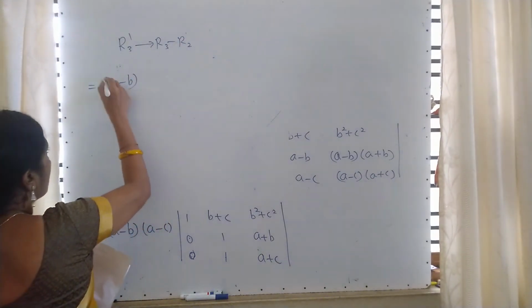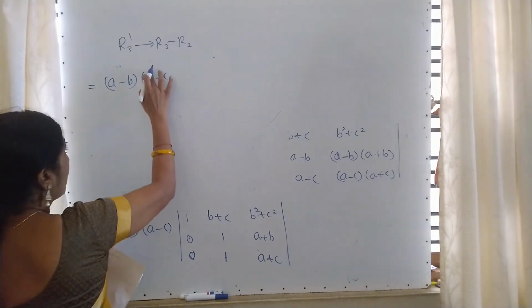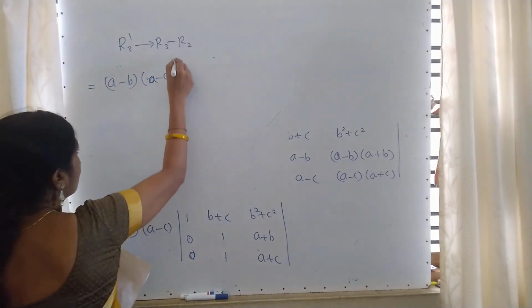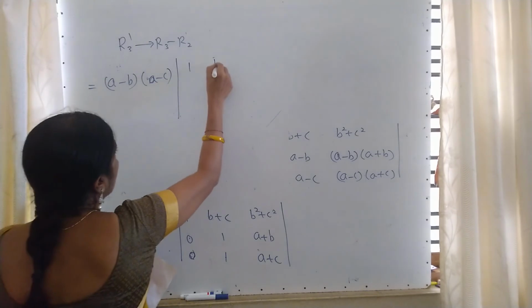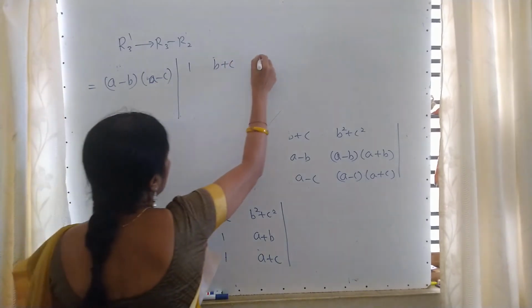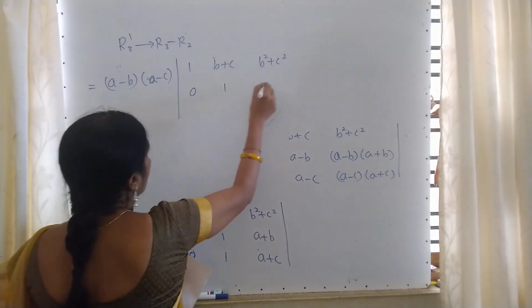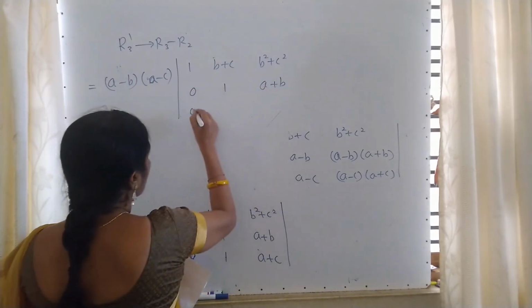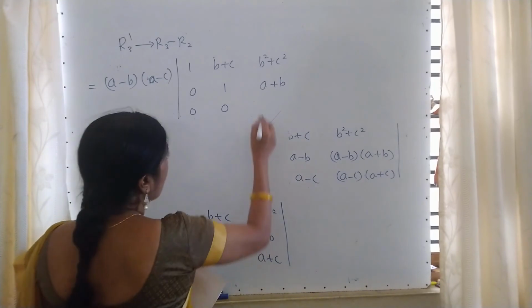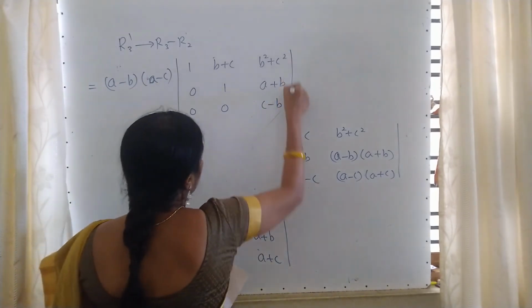A minus B, B, A minus C, then 1, B plus C, B square plus C square, 0, 1, A plus B, 0, 0, this minus this, C minus B.